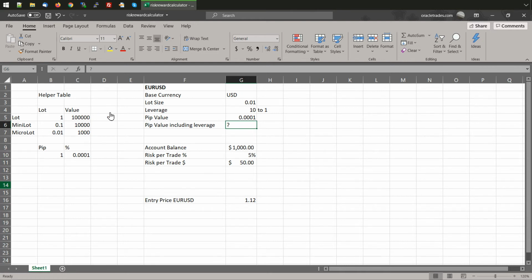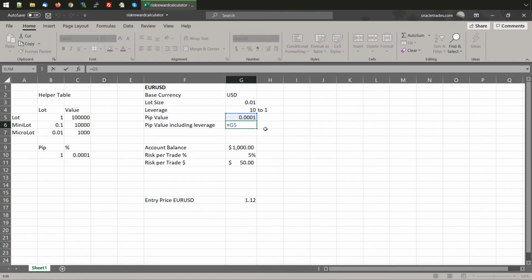So that is one thing. There's a formula, and we're going to take our pip value, that is our 0.01, and multiply it by the lot size and ultimately by the leverage. So the lot size we've chosen is 0.01.